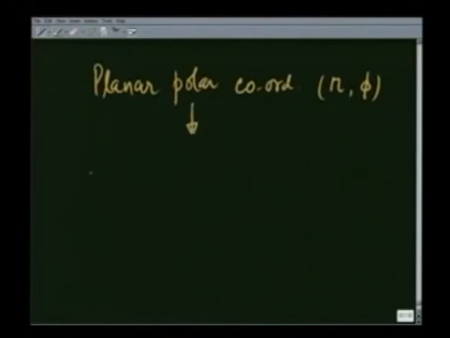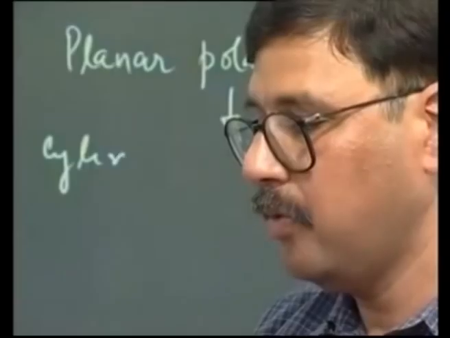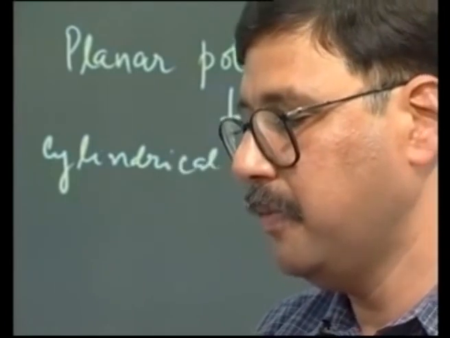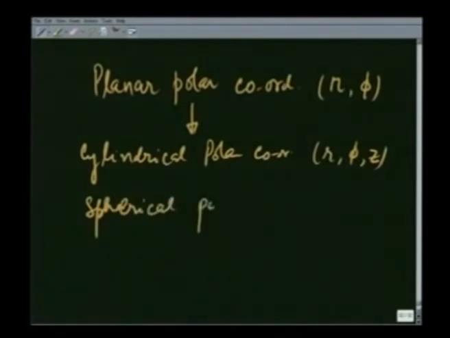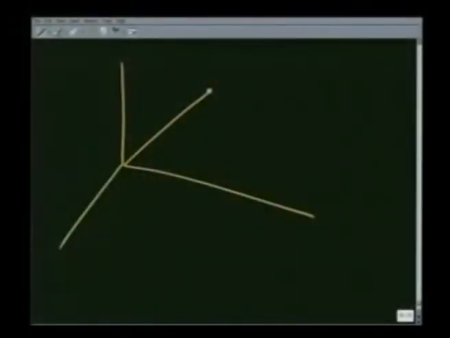We extended this to cylindrical polar coordinates, in which I use r, phi and z as my coordinate system, and we also used spherical polar coordinates, in which I use r, theta and phi as coordinates to describe the distance or the displacement of a particle.